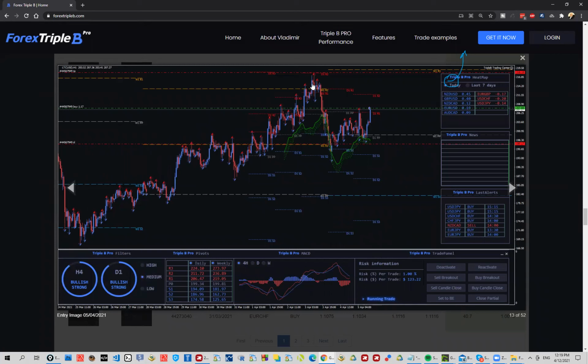So after these pullbacks, the price managed to go ahead and touch the band here, this green stuff, right? And this is where we're getting the breakout, which would be triggering a trade. You can also see that we have the weekly pivot plus daily pivot.